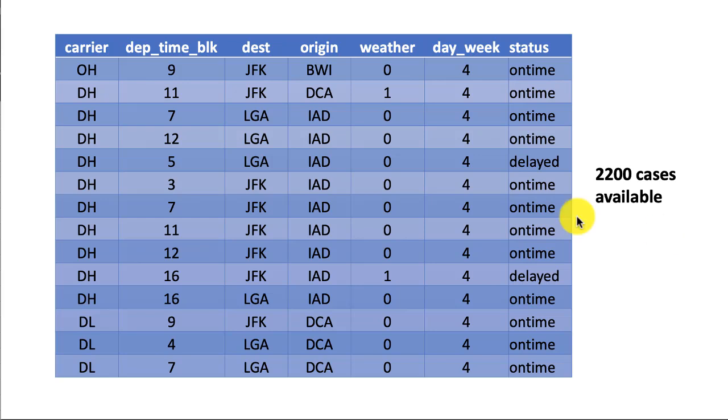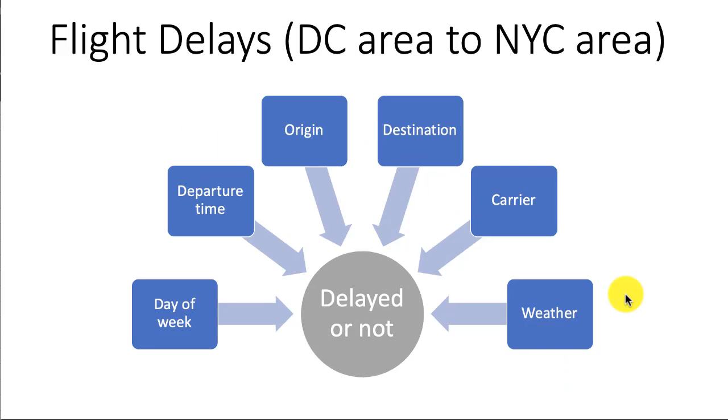It looks like a fairly large data set. 2200 rows are available, and these are the different attributes. Day of the week, departure time block, origin airport, destination airport, carrier, and weather are all the predictor attributes. Given all of these predictor attributes, we want to determine the probability of the flight being delayed.